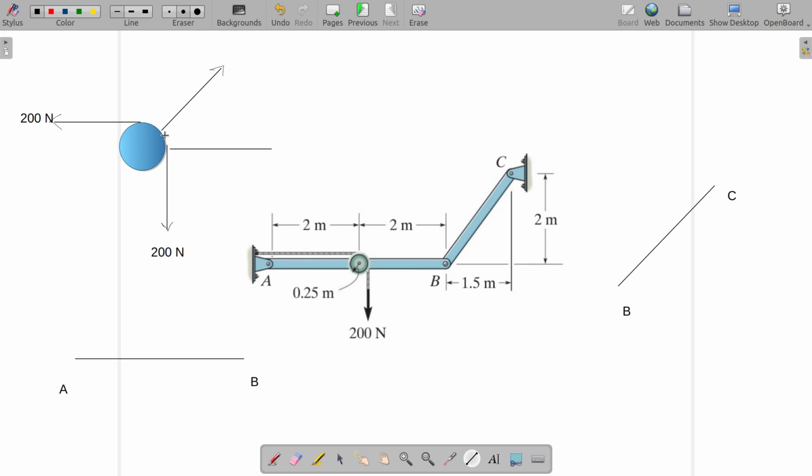What is this angle here? If you have the right intuition, it's very easy, because this force is 200 Newton here and 200 Newton here, and the sum of those forces will have a direction which makes 45 degrees with the horizontal. To cancel out that force, there should be another external force in this direction, and that should make 45 degrees with the horizontal. The magnitude will be the vector sum of 200 and 200.